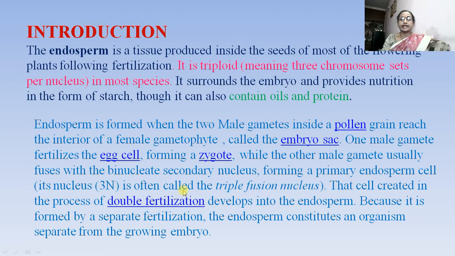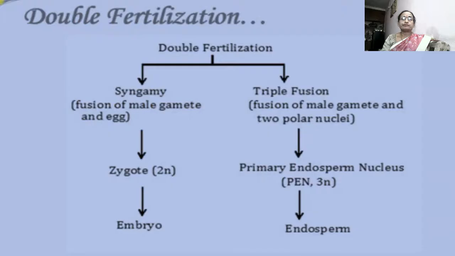The cells created in the process of double fertilization develop into endosperm. Because it is formed by a separate fertilization, the endosperm constitutes an organism separate from the growing embryo.